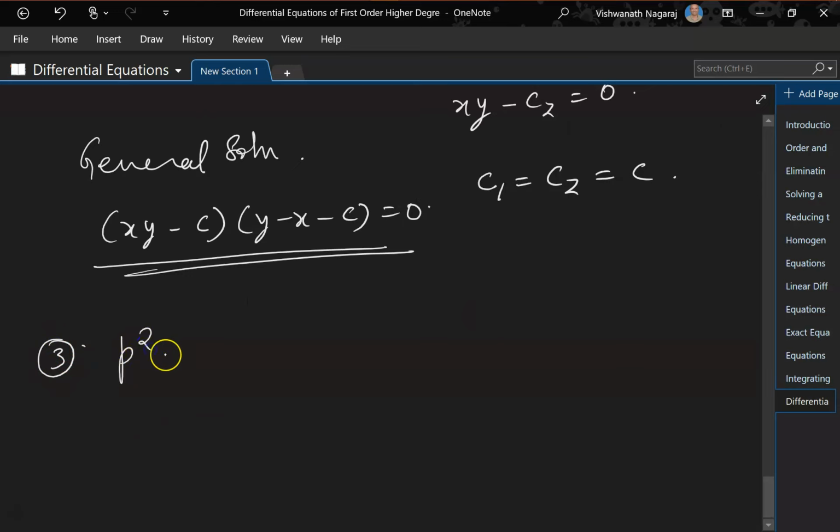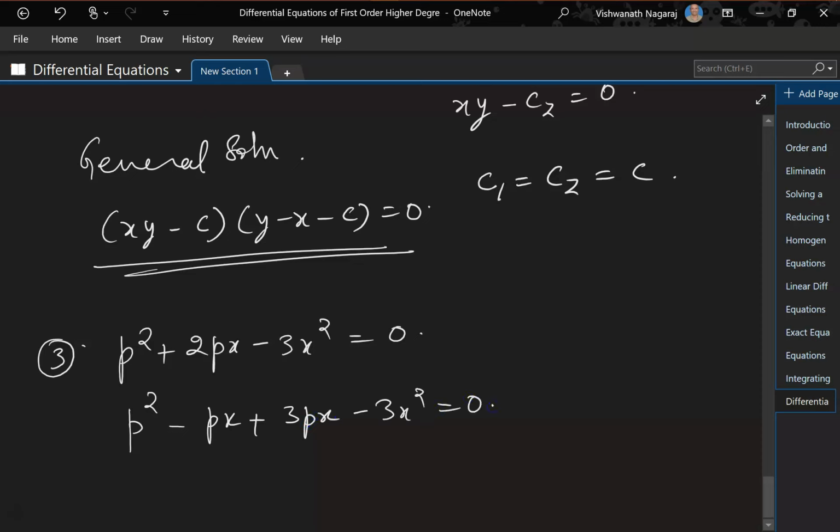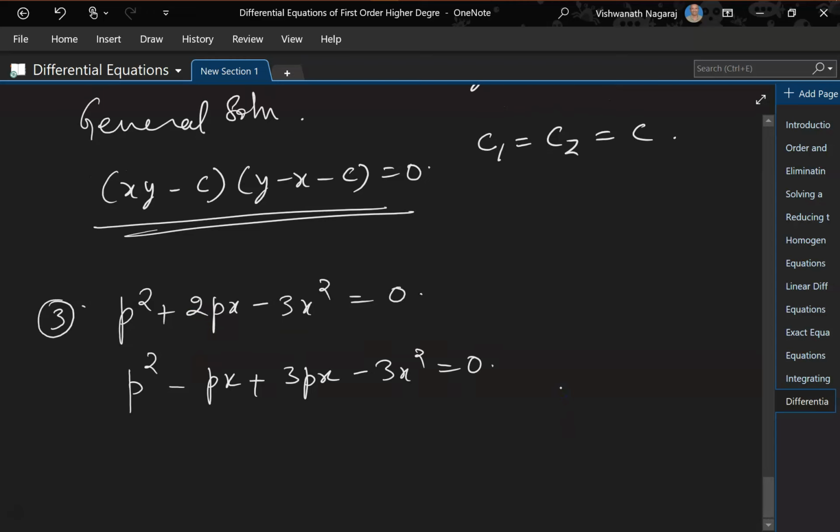So let's say p square plus 2px minus 3x square is equal to 0. So let's first split the middle term. So p square, let's split it, minus px plus 3px, equal to 0. So here if you see 3px minus px is 2px.